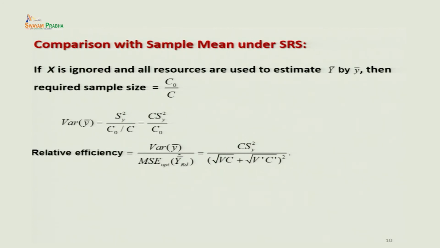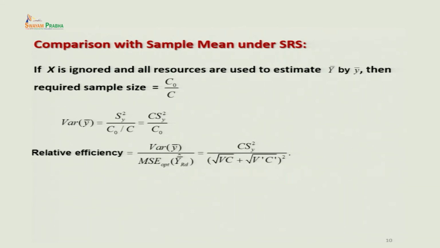Next question is whether we can compare this MSE under the ratio estimation with double sampling with the sample mean under simple random sampling. That means somebody has two options, to use the auxiliary information or not, because capital X bar is completely unknown to us.